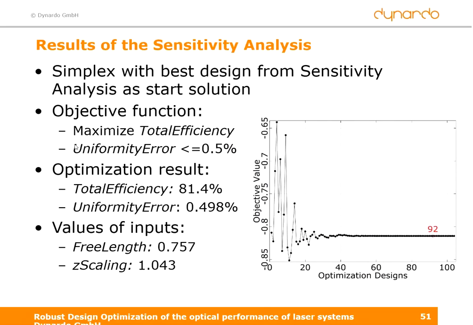We've used the total efficiency as objective function to be maximized. And as I said, the uniformity error was defined to be a constraint to be smaller or equal to 0.5%. As a result, we received a total efficiency of 81.4% and a uniformity error which was very close to this limit of 0.5%. And these are the values of the inputs.